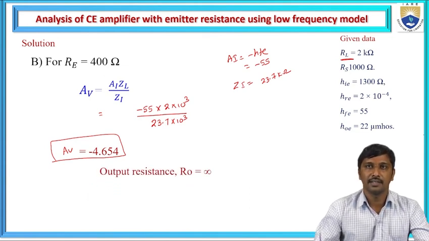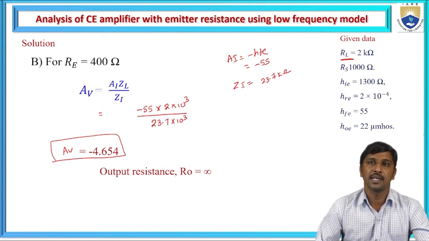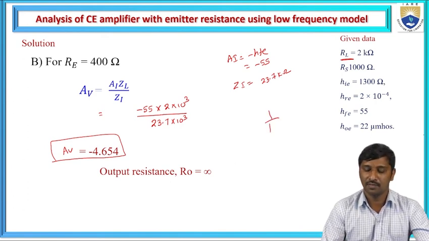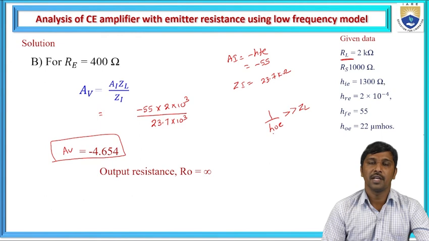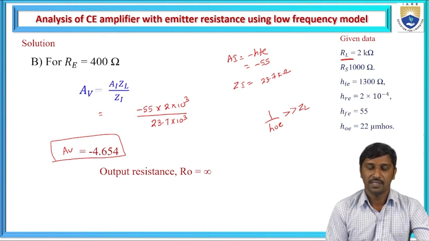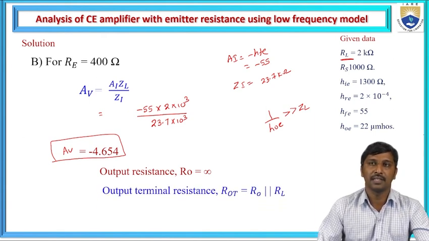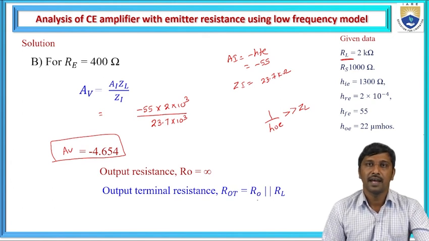For this case, let us consider the output impedance is very large for this approximate model. Why? Because 1 by hoe is much greater than ZL. From this analysis, we assume that the output impedance is very large, and here I consider it as infinite. From the circuit, if you want to calculate the total output terminal resistance, the output impedance is in parallel with the load resistance.